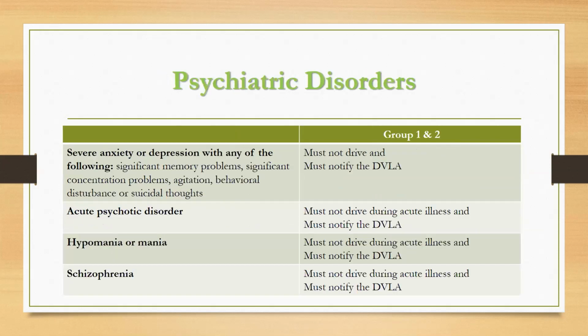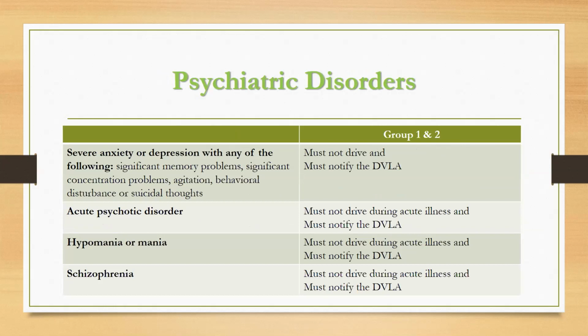Regarding psychiatric disorders, here we have many conditions, and there is no specific period of stopping driving. However, it should be, in most cases, until the resolution or treatment of the acute illness.